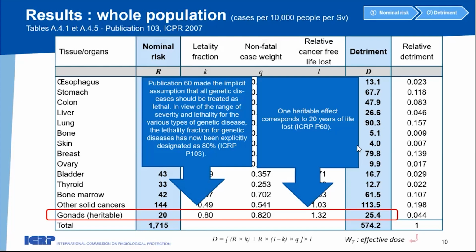And after that, in the summary tables, if you look at this table, they have a value which is proposed by Unscare, which is 20. In a population of 10,000 persons, you're going to have 20 cases, let's say, lifelong.